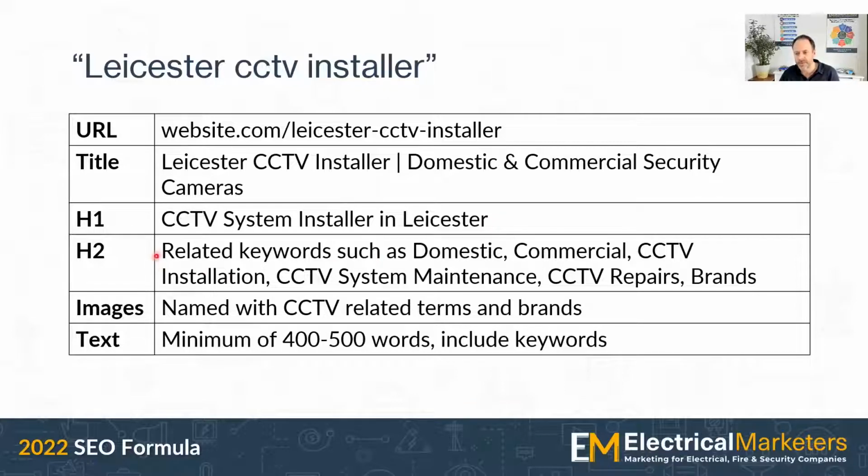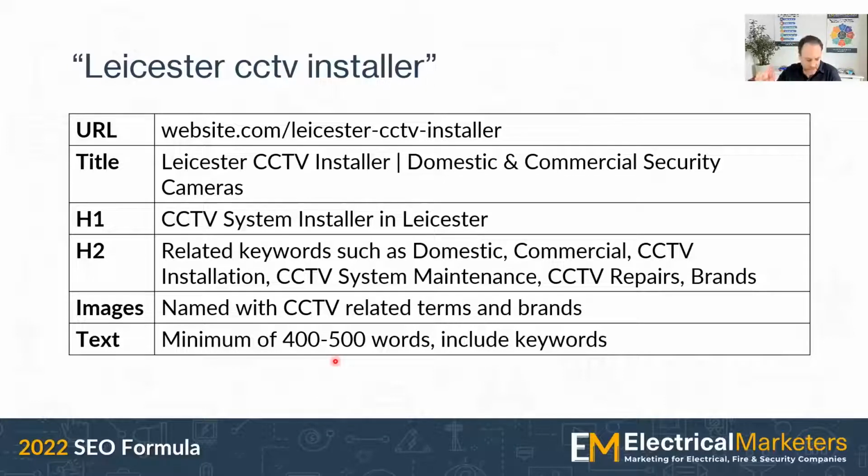And we're going to have some secondary subtitles throughout the page, things like maintenance, domestic, commercial, etc. Whatever keywords we want to try and rank for as well, we're going to use them in the subheadings. Images on the page, we're going to name with a CCTV related term, and we're going to have at least 400 or 500 words on the page too.